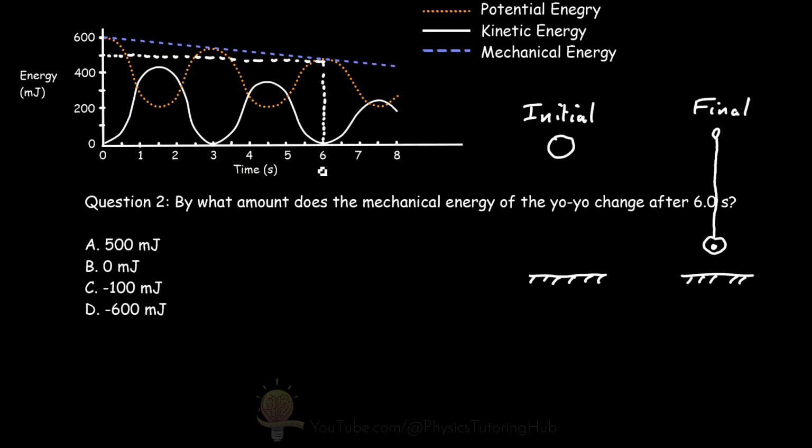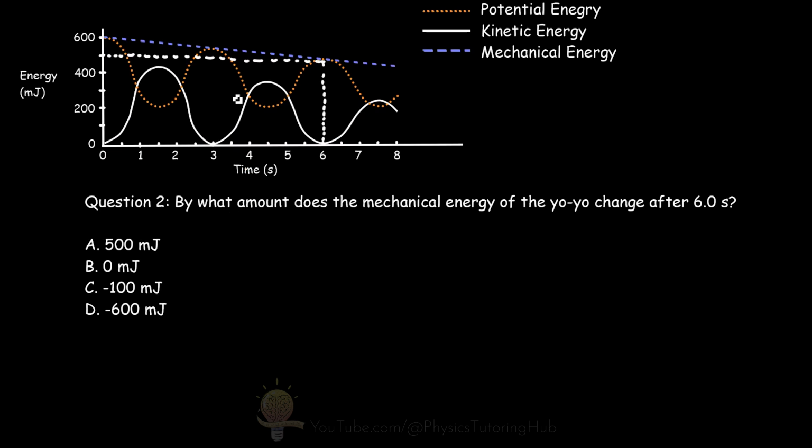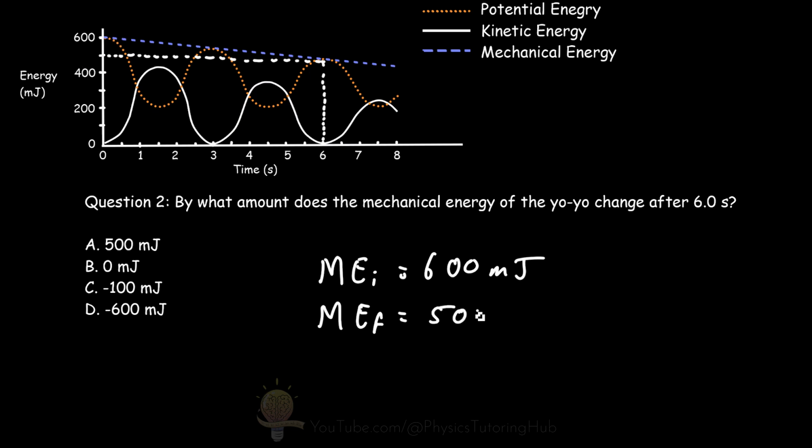So initially, the mechanical energy is equal to 600 millijoules. The final mechanical energy after 6 seconds is around about 500 millijoules.